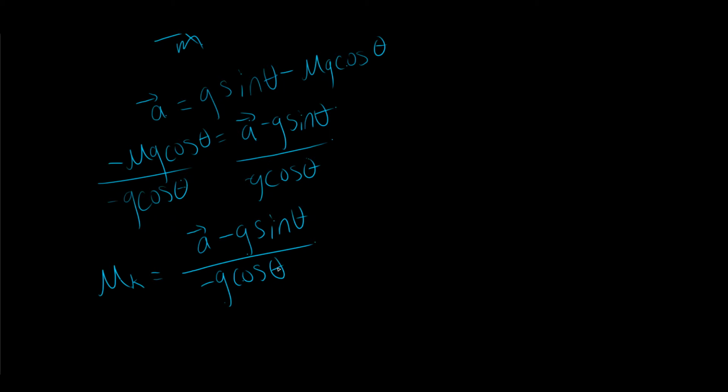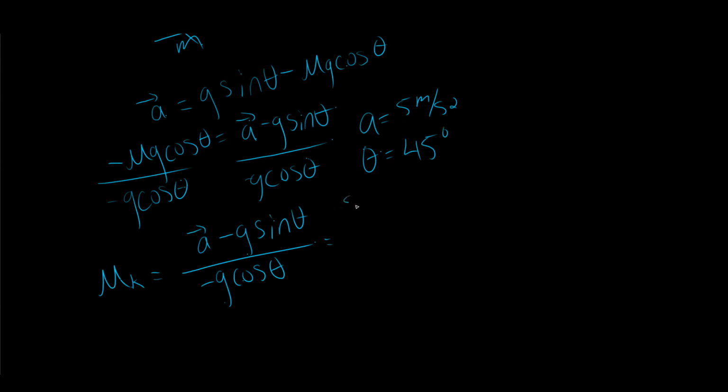When I did this, I just assumed g was actually a positive value. It was going down the ramp, and so from the video, the acceleration was about 5 meters per second squared, right? And theta was 45 degrees, and we didn't even need to know the mass at all.